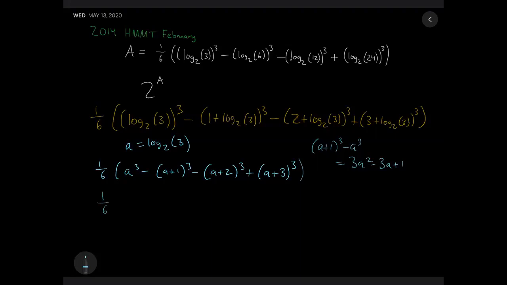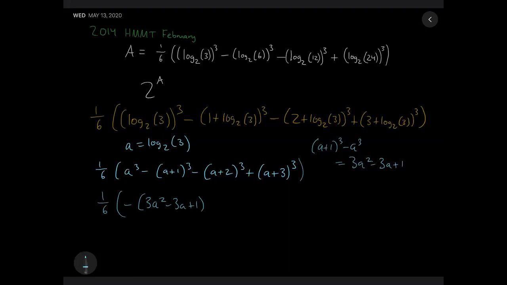1/6, and we have our (a + 1)^3 minus a^3. We're going to take the negative of that because we're doing a^3 minus (a + 1)^3. So negative (3a^2 + 3a + 1). Then over here, we have another form of (a + 1)^3 minus a^3.